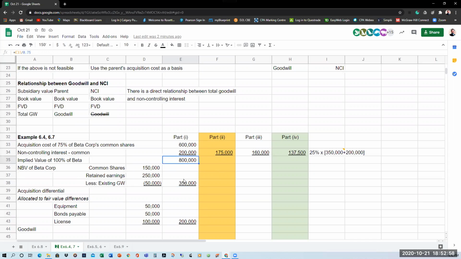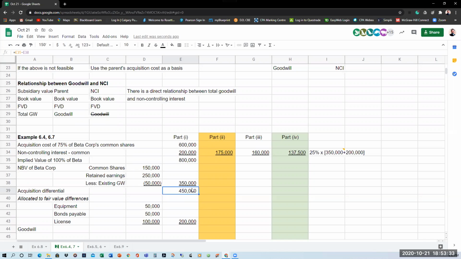So out of the 800,000, 350,000 is the net book value. So the 800,000 valuation results in an acquisition differential of 450,000. So the act of acquisition has resulted in a valuation differential of $450,000. Comparing to the book value, there is a value difference of 450,000.